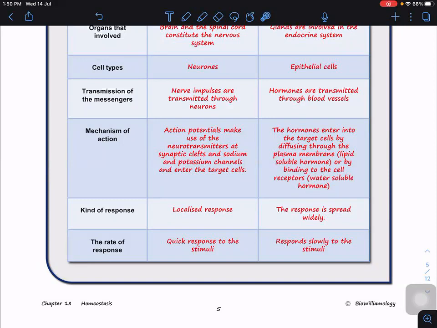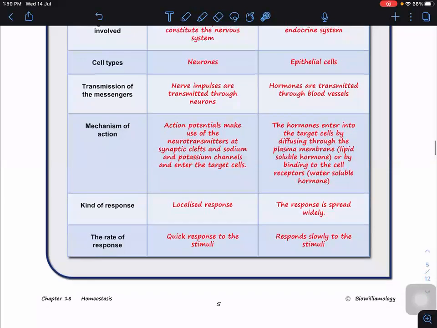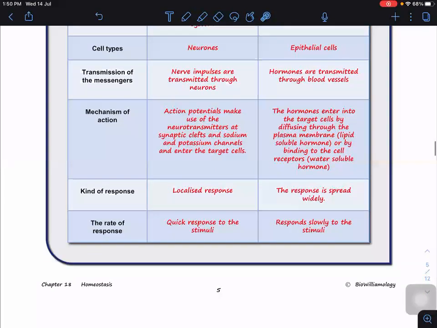It depends on which kind of hormone, either lipid-soluble hormones or water-soluble hormones. Again, we're going to learn this tomorrow when we look at how hormones actually give us the effect.